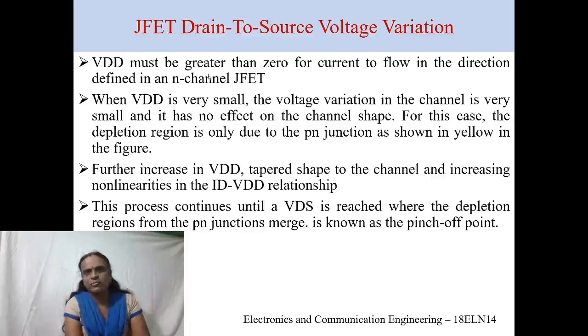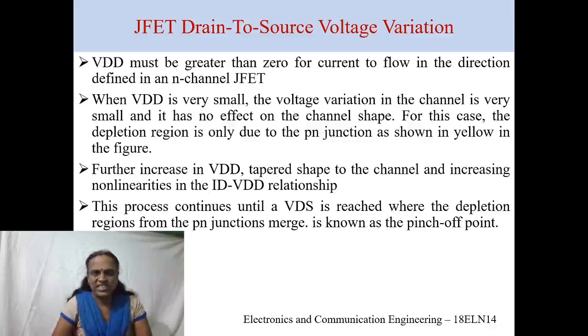That is, VDD must be greater than 0 for current to flow in the direction defined in an N-channel JFET. When VDD is very small, the voltage variation in the channel will be very small, because it will have no effect on the channel shape.